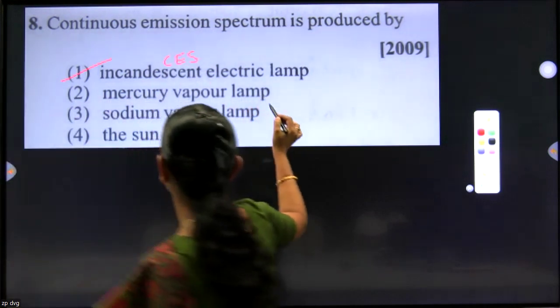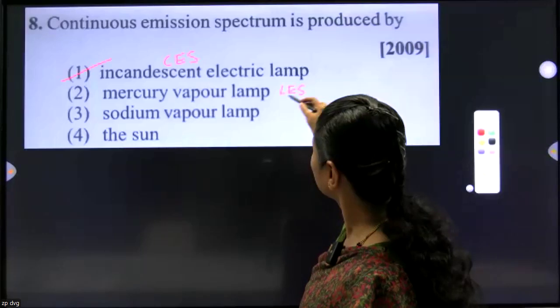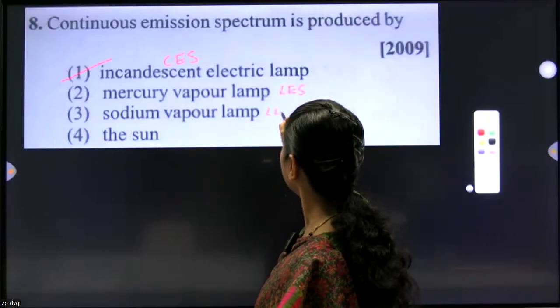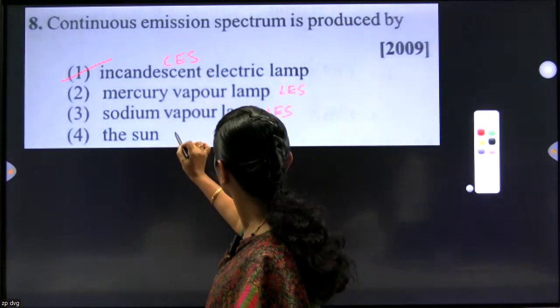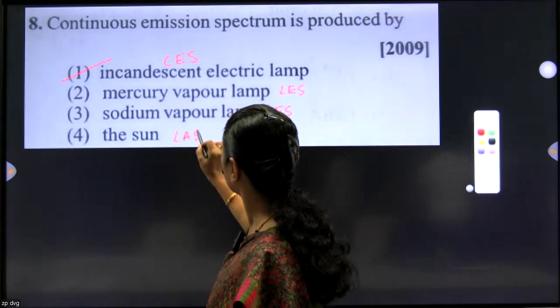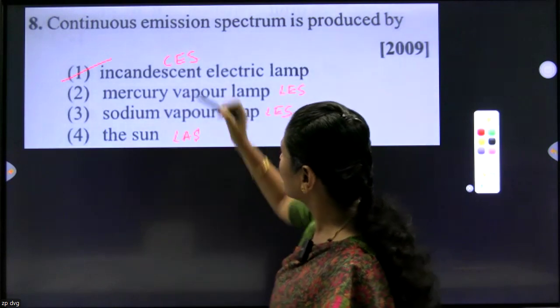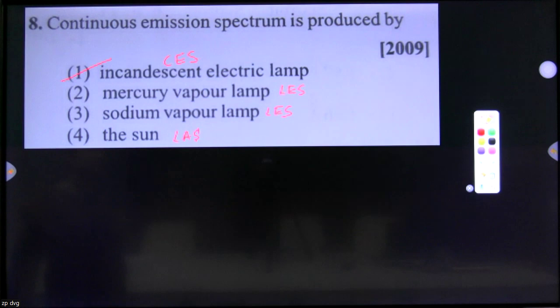Mercury vapor lamp produces a line emission spectrum. LES means line emission spectrum. Sodium vapor lamp also produces a line emission spectrum. The Sun produces a line absorption spectrum. LAS means line absorption spectrum. Here the continuous emission spectrum is produced by the incandescent electric lamp.